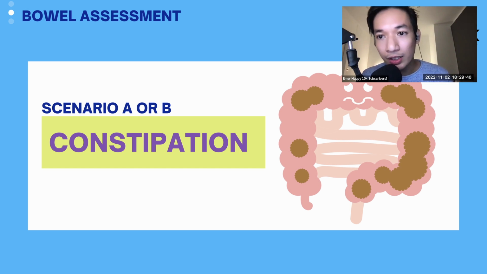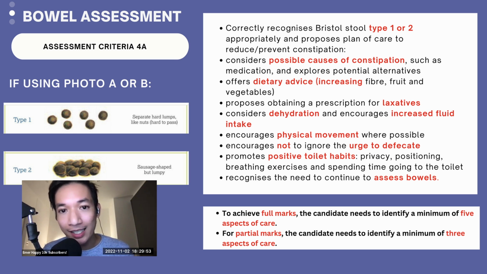As you can see on your screen, the first criteria says correctly recognizes Bristol Stool type 1 or type 2, and appropriately proposes a plan of care to reduce or prevent constipation. Actually, the marking criteria is telling us the answer already. It's either type 1 or type 2, but you need to recognize what that is.